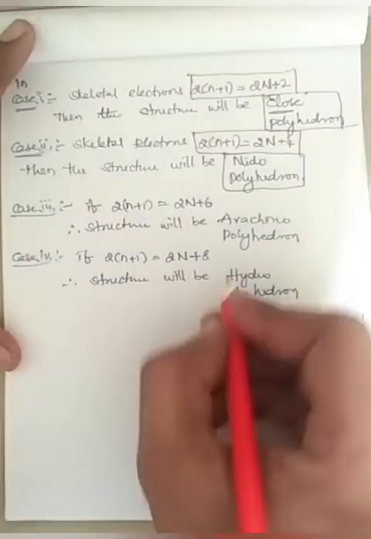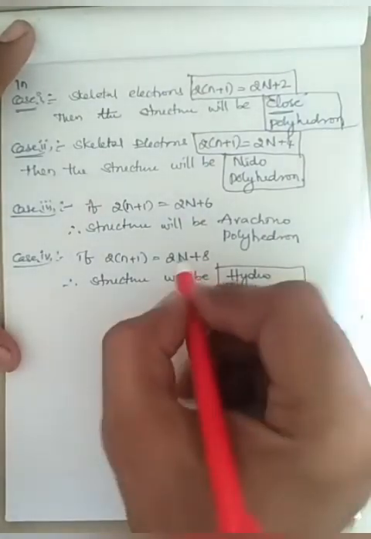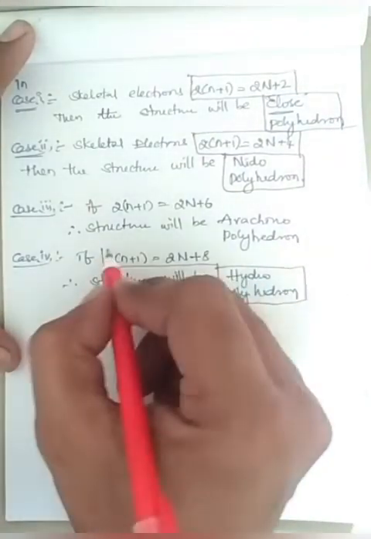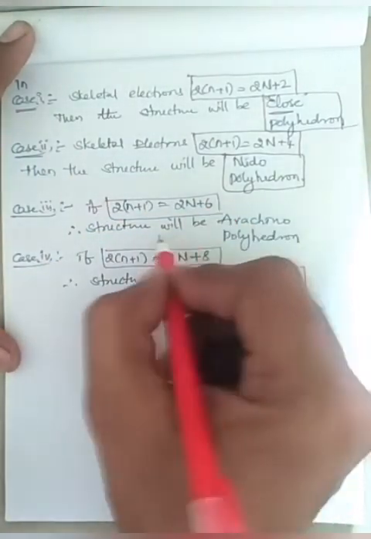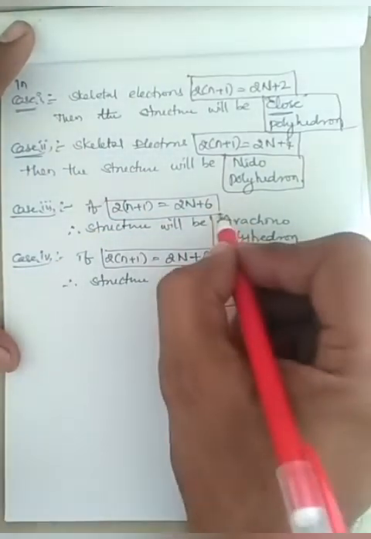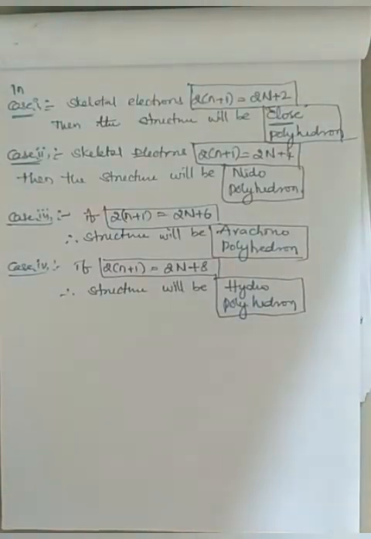Like that, there are 4 different structures proposed by Wade's rule or Wade's theory, or we can say the polyhedral skeletal electron pair theory.